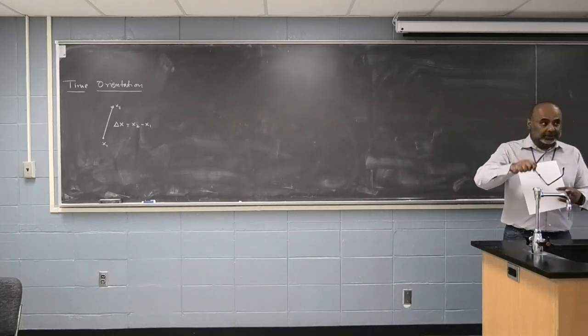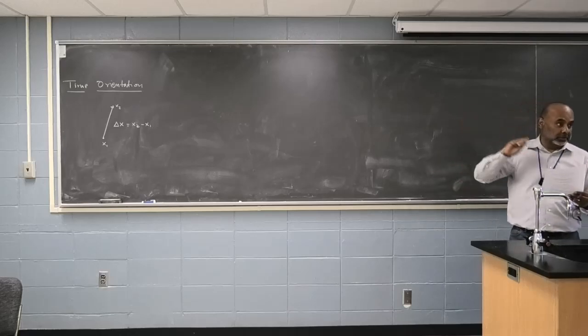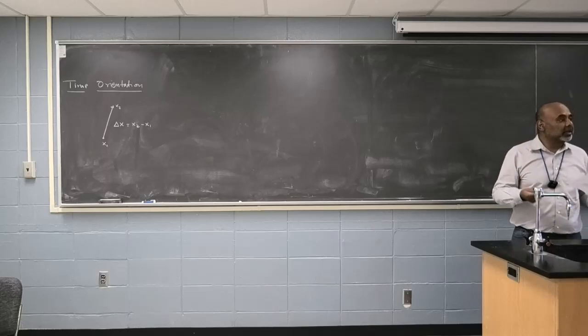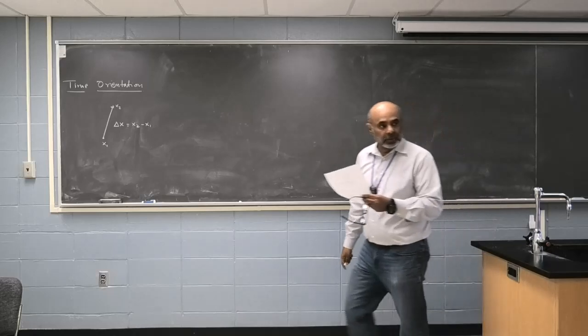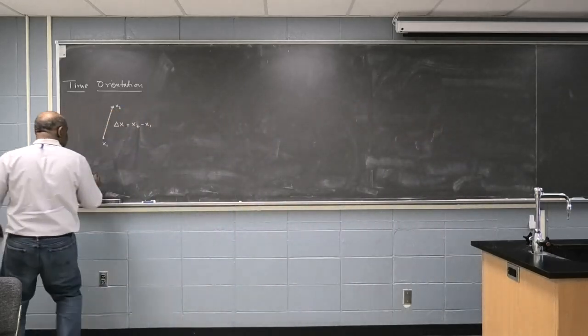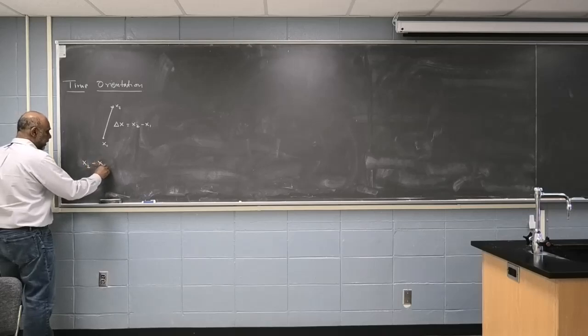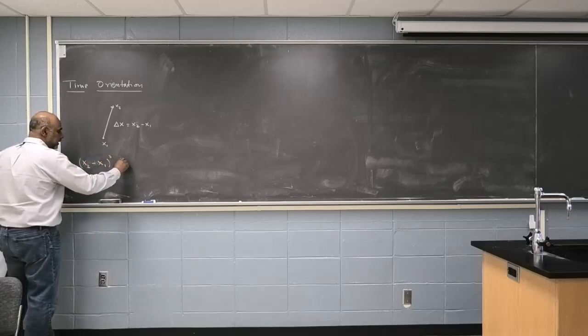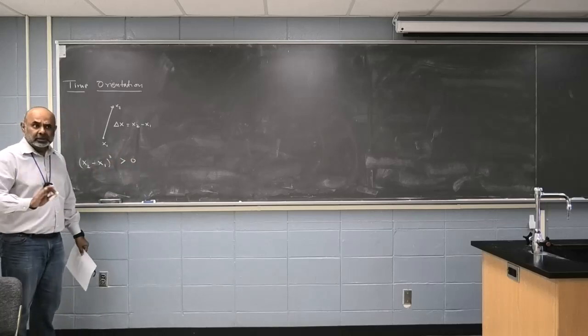What we would want, if this vector is pointing to the future, is that the time component has to be greater than 0, right? So x2 minus x1, 0 component is greater than 0, but this is just warming up.